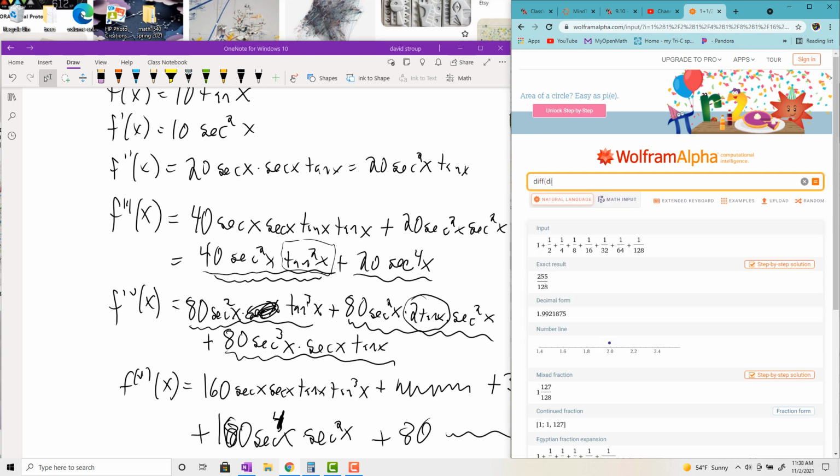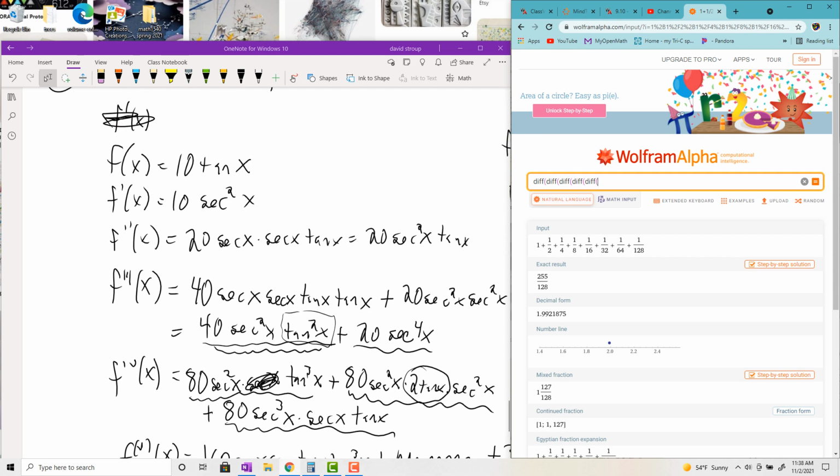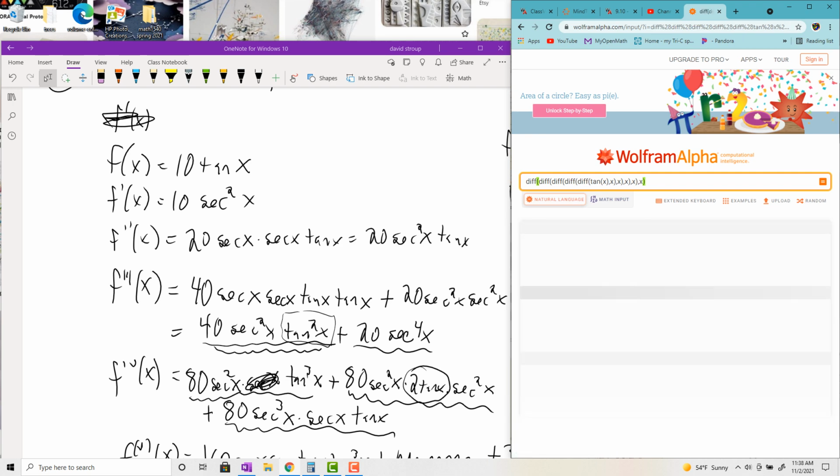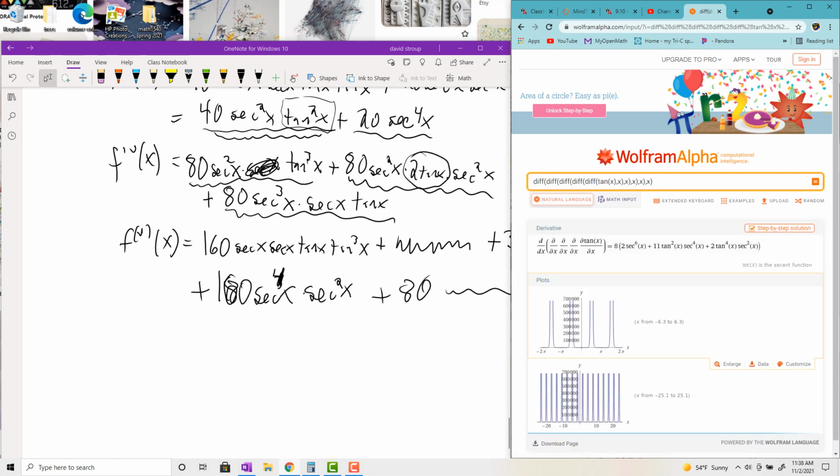DIFF of DIFF of DIFF of DIFF of DIFF of tan of x with respect to x, five times. Okay, so it looks like that portion, when you plug in, you'll get 160 out of it.